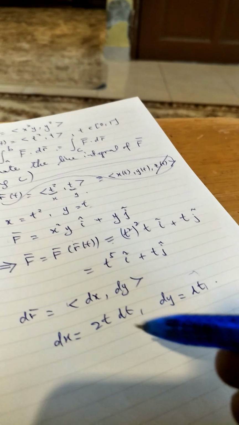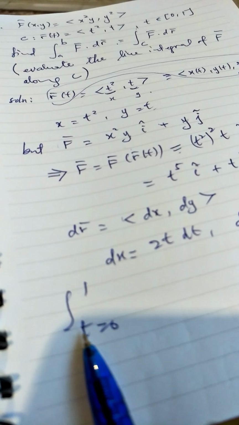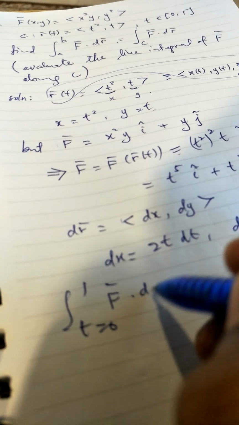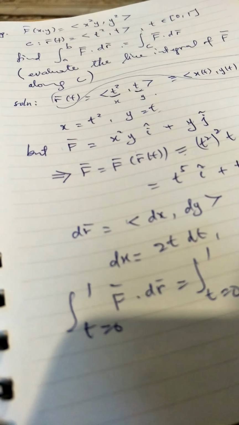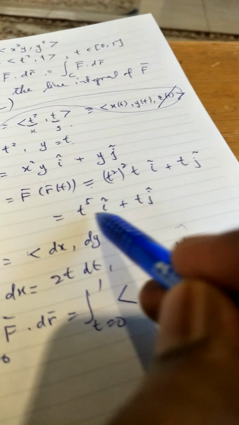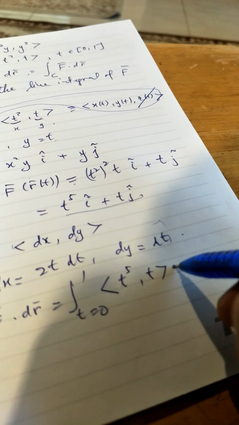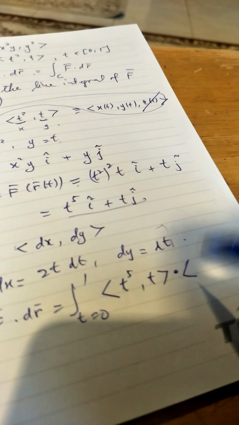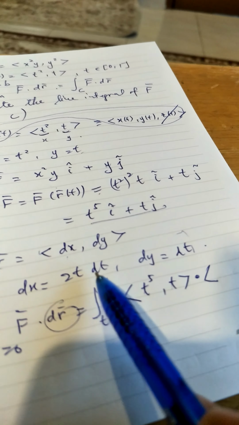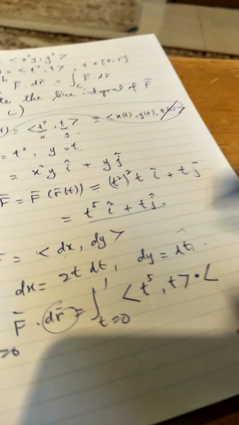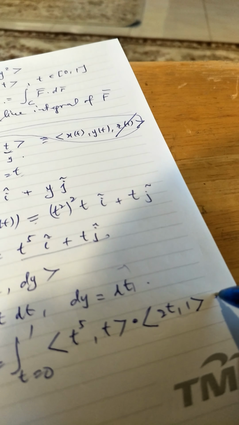Okay, so integrate t from 0 to 1, this is from the question, f dot dr. Our f we already found here, is t fifth, t, and dot dr. Our dr is given dx, dy, so dx is this, dy is this, so we have 2t, 1 dt.